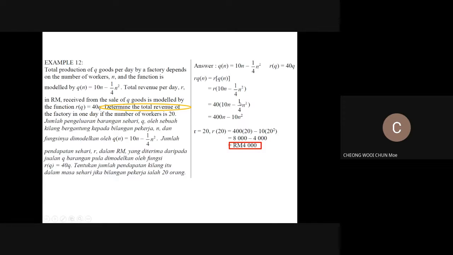So 40 bracket (10n minus 1) over 4n squared. 40 times 10n, you get 400n, minus 40 times 1 over 4n squared, you get minus 10n squared. You got the function for R(Q(n)). Then after that, the worker is 20, so n is 20.